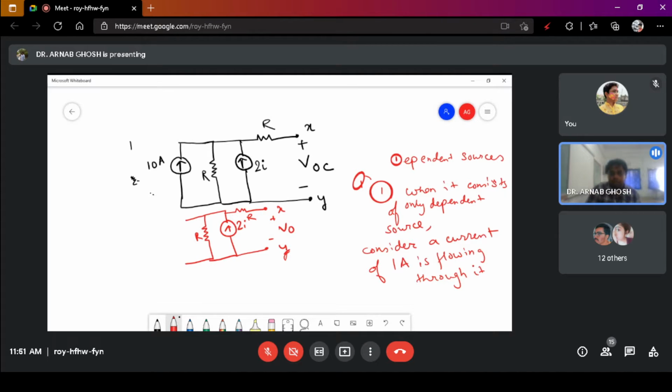So this V0 and this dependent source will only generate a current of 1 ampere. Let's say a 1 ampere current is flowing through the entire circuit.